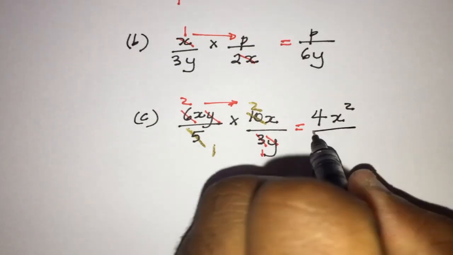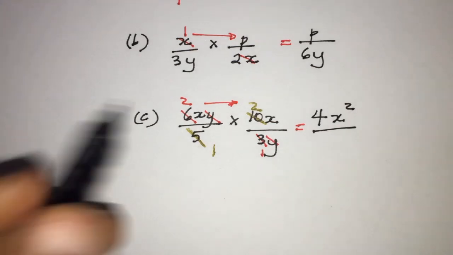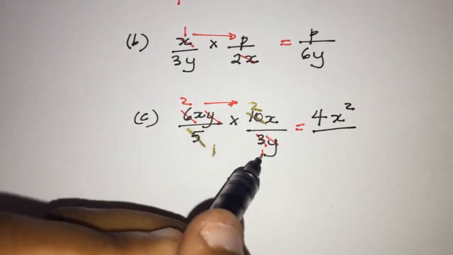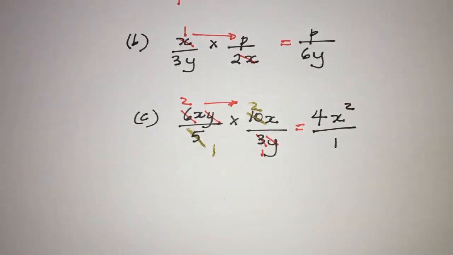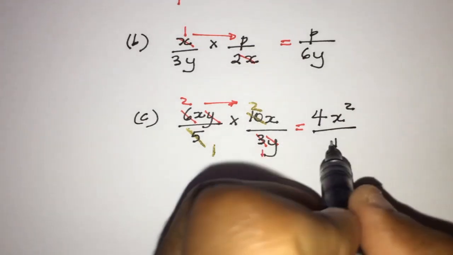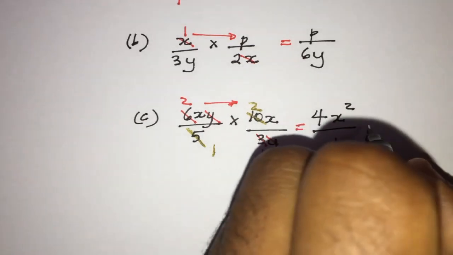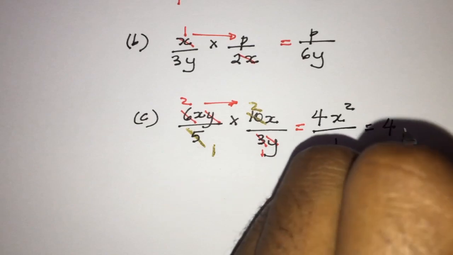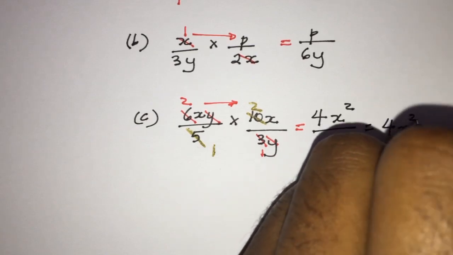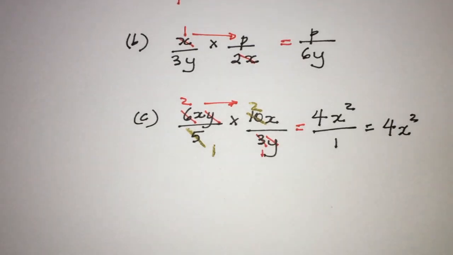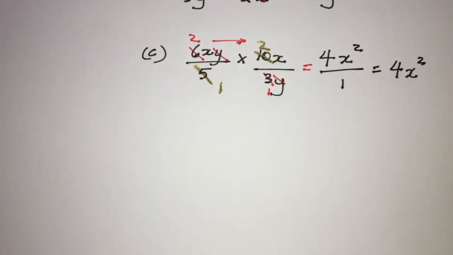So great, that's our numerator. In the denominator, we have 1 times 1, which is just 1. And to simplify this, anything divided by 1 is just that thing. So 4x squared divided by 1 is just 4x squared.